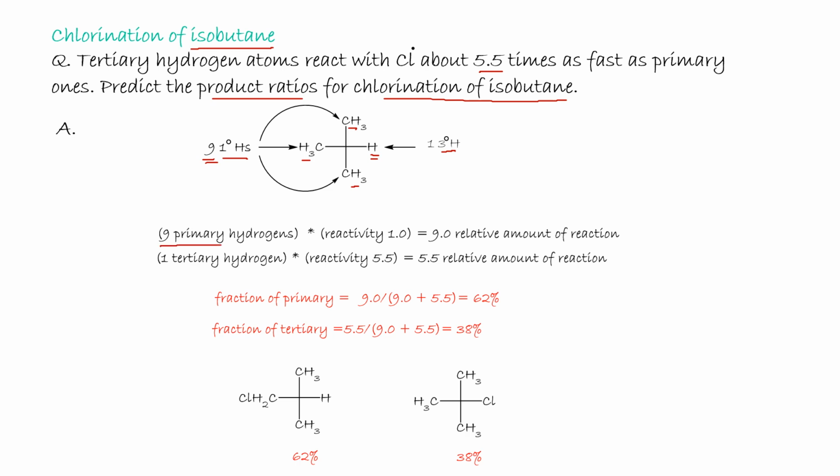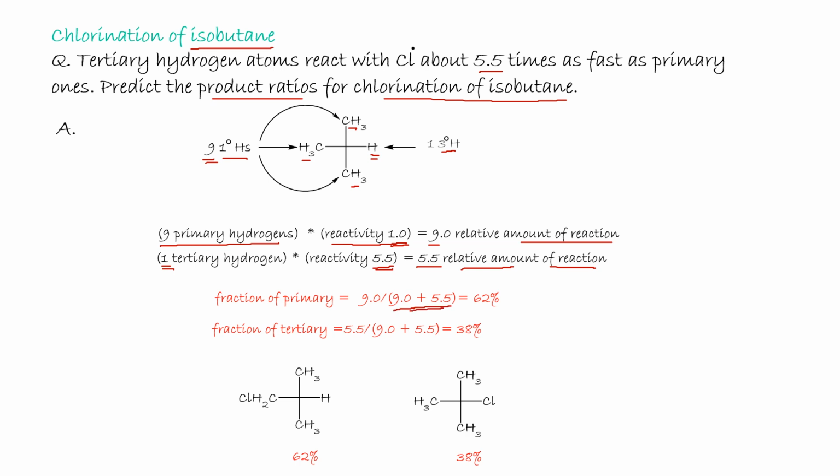For the 9 primary hydrogens, relative reactivity for each one is, let's say, 1, and for the tertiary it is 5.5. So we have 9 relative amount of reaction. For the tertiary hydrogen, we have only 1 with reactivity of 5.5, so the total amount of reaction will be 9 plus 5.5.